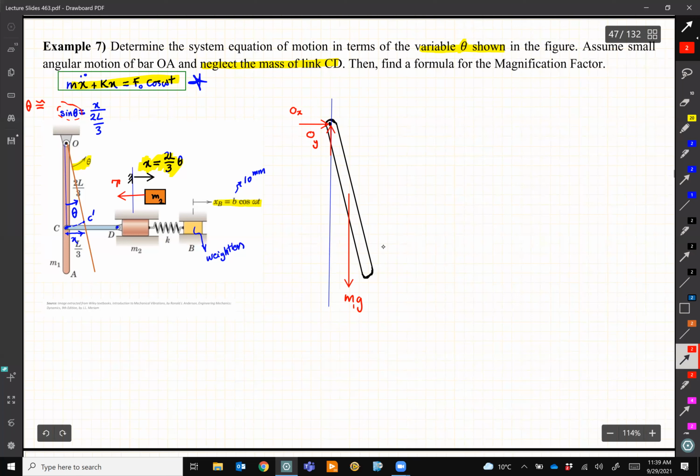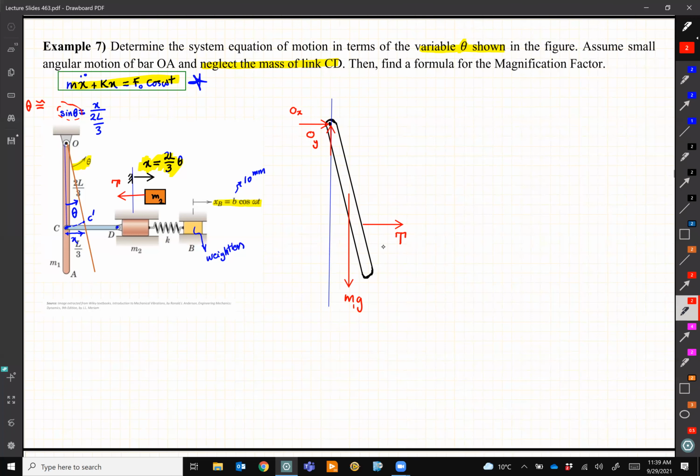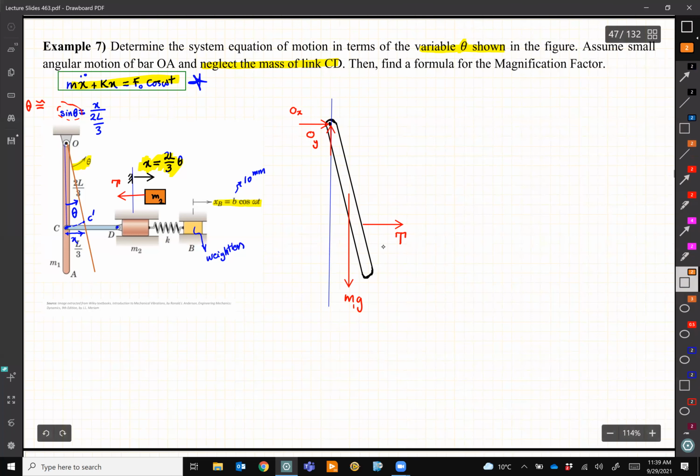And also I have the T. All right. So the box is over here. And this box, the same T, but opposite direction over there.